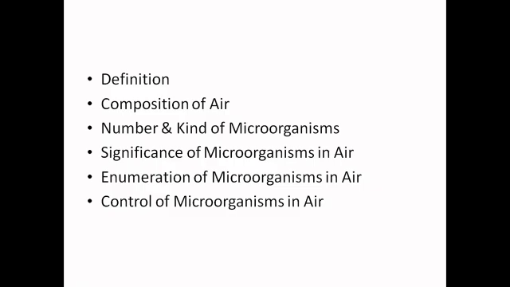The removal or killing of microorganisms in the air is called air sanitation, which we will discuss in the control of microorganisms. Various physical and chemical means are used for air sanitation. The use of UV radiation, ultrafiltration, and gaseous sterilizing agents are some commonly used methods for air sanitation.